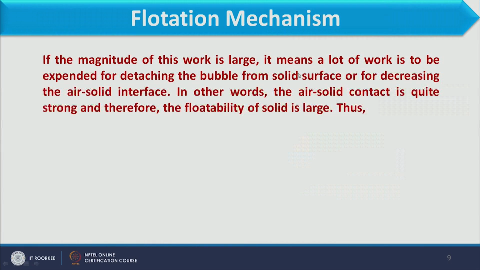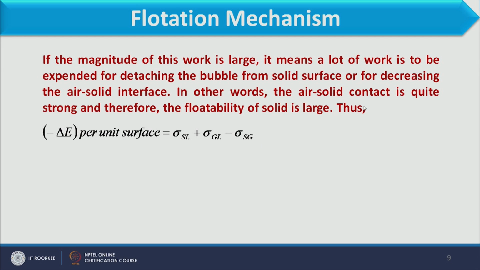So, in terms of that, work comes into the picture. If the magnitude of work is large, it means lots of work is to be expended for detaching the bubble from the solid surface, or for decreasing the air-solid interface. In other words, the air-solid contact is quite strong, and therefore the floatability of the solid is large.